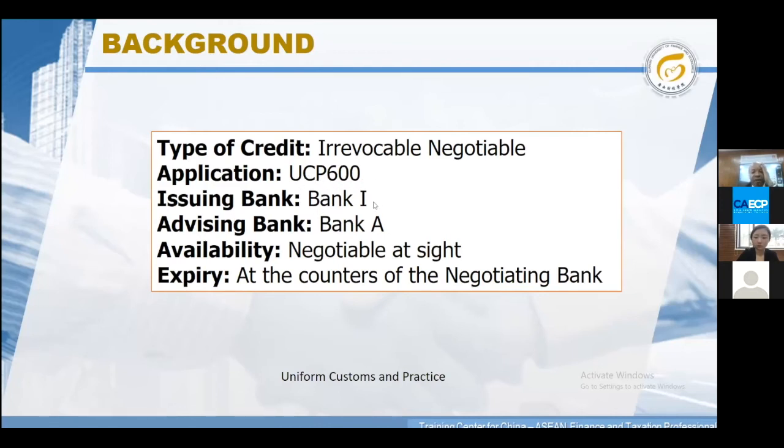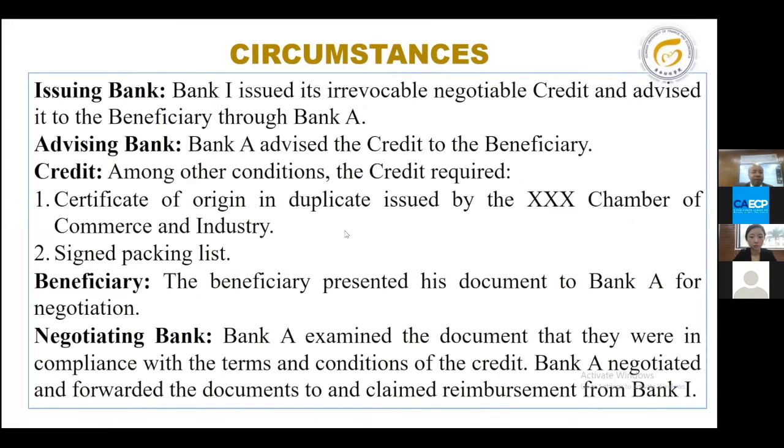The issuing bank here is Bank 1, and the advising bank is Bank A. Availability: it's negotiable at sight, meaning the documents are there and payment takes place. It's not like usance, where the documents are there, but the payment is later, at the maturity date, for example.